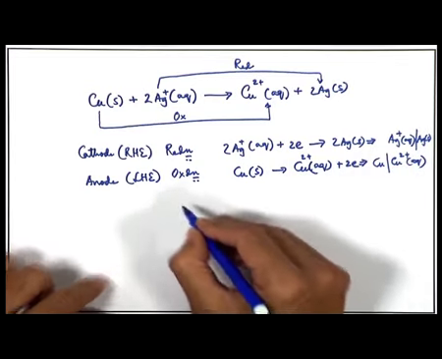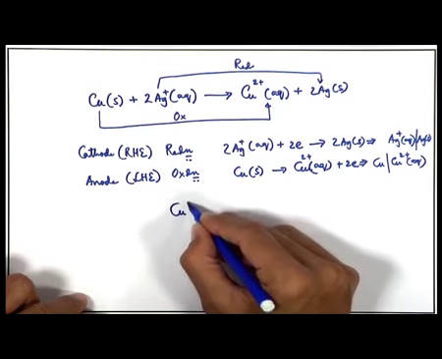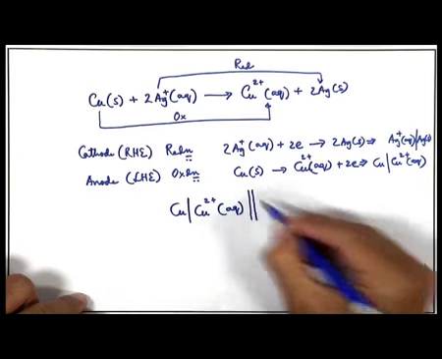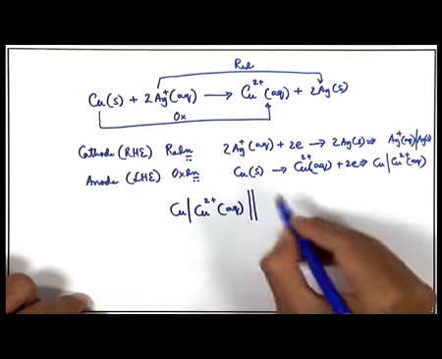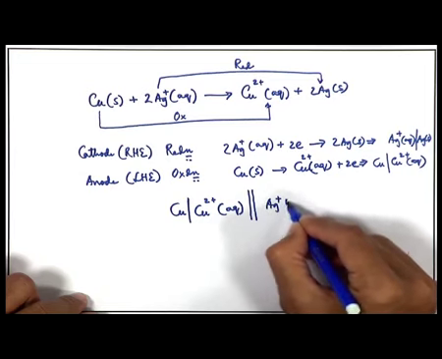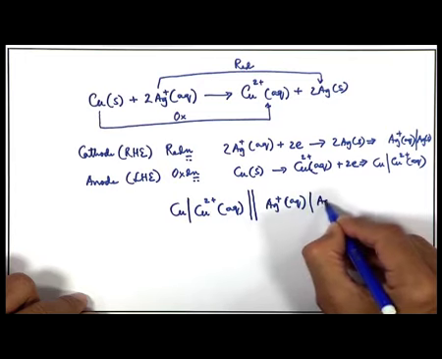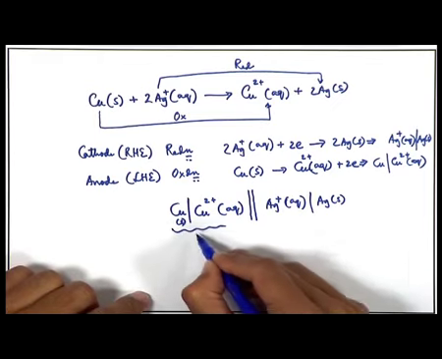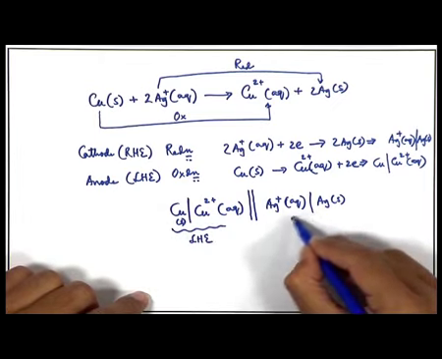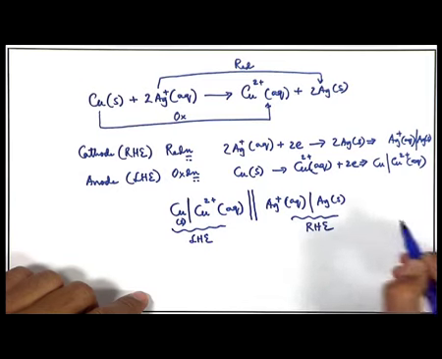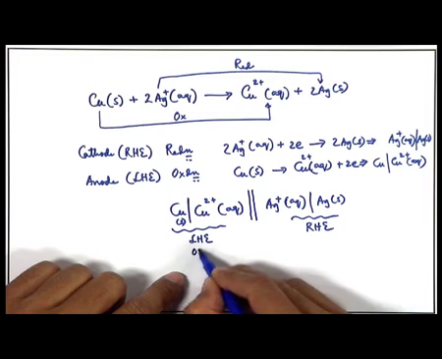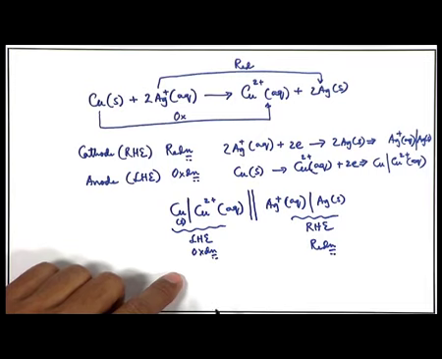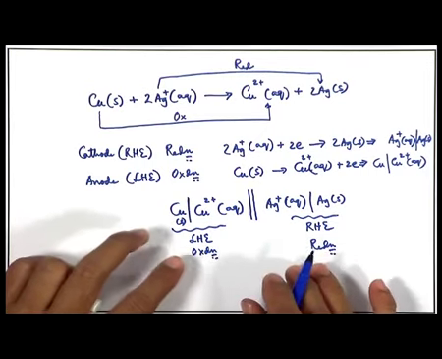So, your representation for the cell will be Cu, Cu2 plus, then a double vertical line, because this solution and the other solution are separate. This is your left hand electrode, this is your right hand electrode. Here you have oxidation, here you have reduction. So, this is typically the representation.